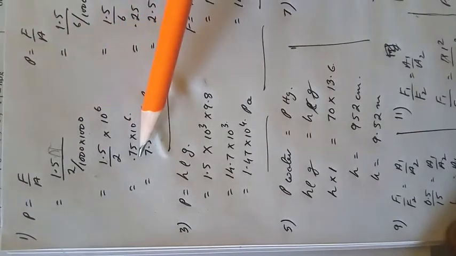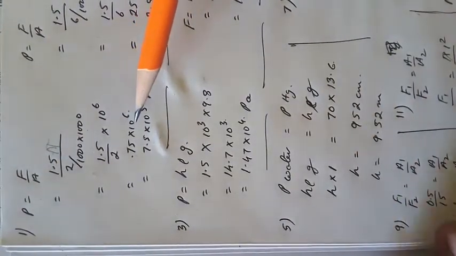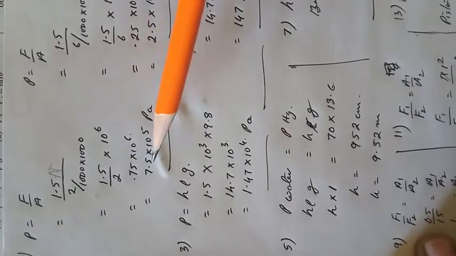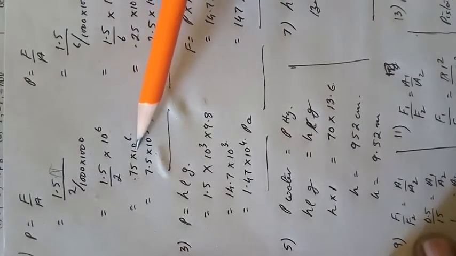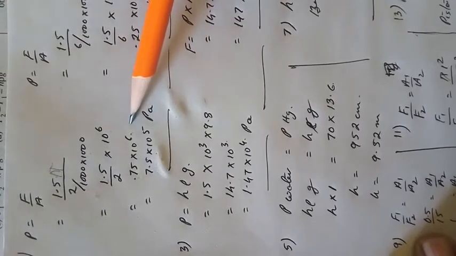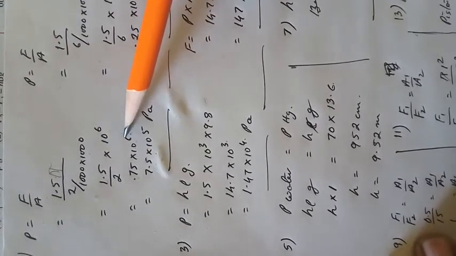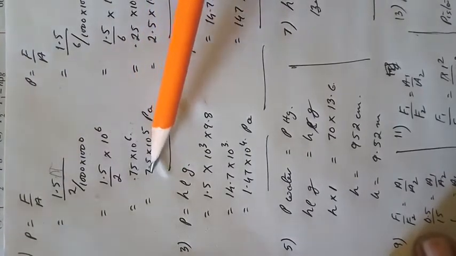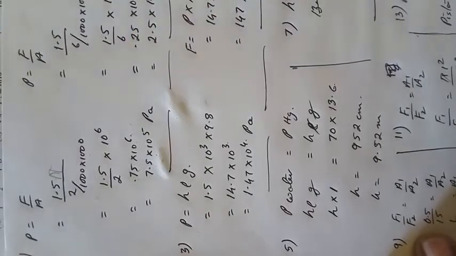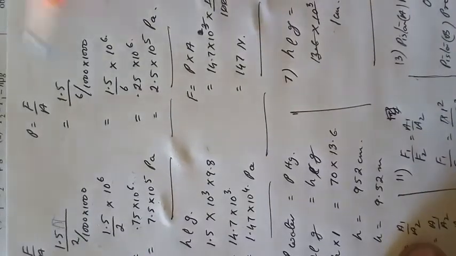Now if you divide this, it comes to 0.75 into 10 to the power 6. Now in physics, generally we express the answer with one decimal place. So 10 to the power 6 is 10 to the power 5 into 10. Now that 10 will multiply with this and you get 7.5 Pascal. Is that okay?